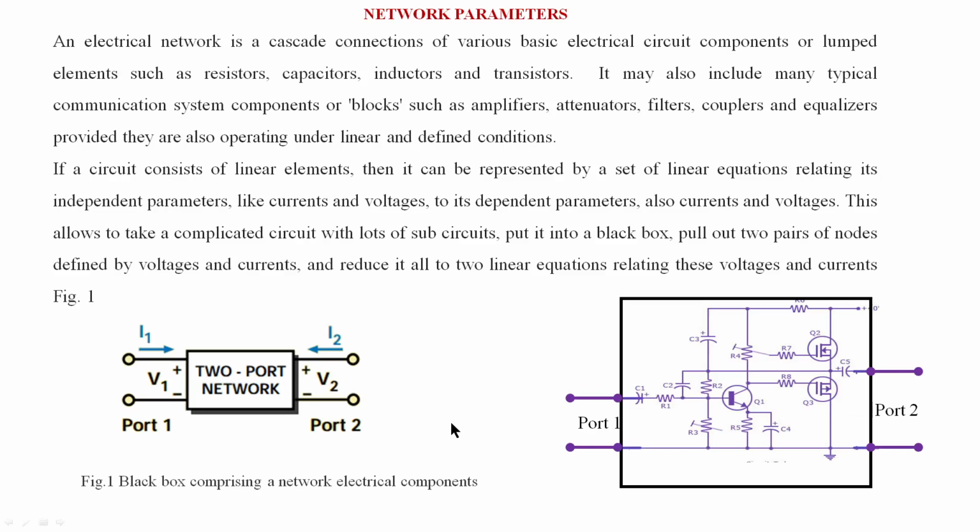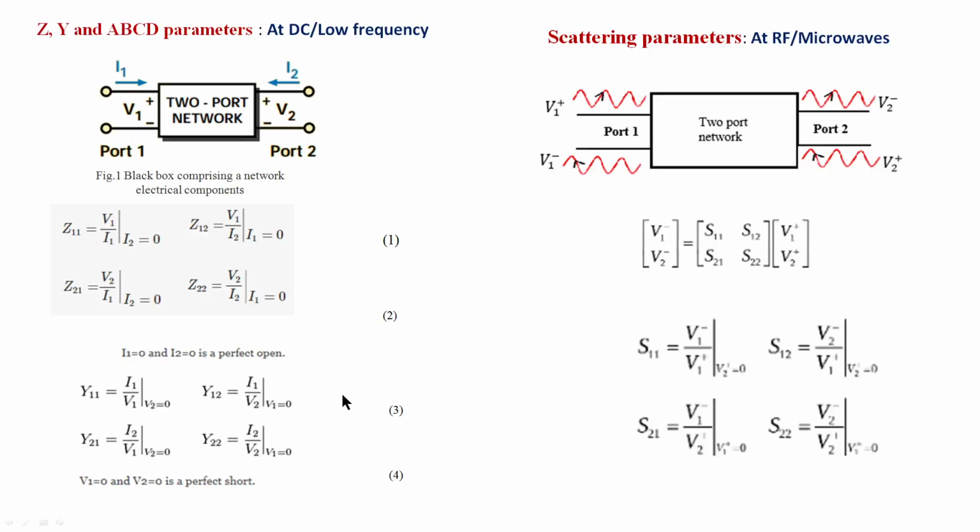So here you can see, whatever it may be, we are representing it by port 1 and port 2. And we know in network analysis, this network, whatever it may be, can be analyzed by using some parameters.